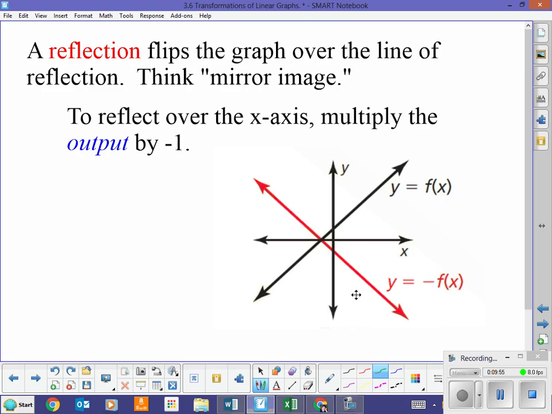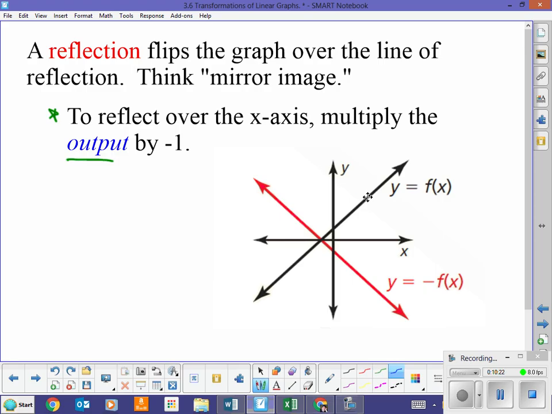Reflection. Reflection flips the graph over the line of reflection. Think mirror image. So we're going to be reflecting over the x or y axis. To reflect over the x-axis, we're going to multiply the output by -1. So here's our parent function, f of x. Multiplying by -1, we get the opposite of f of x. So what's the effect here?